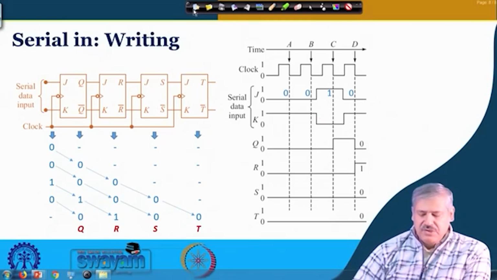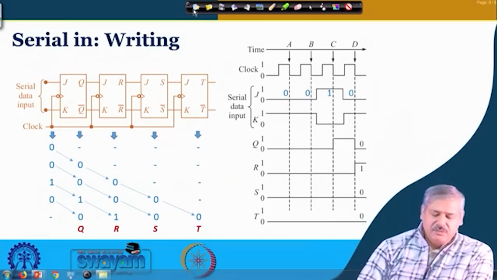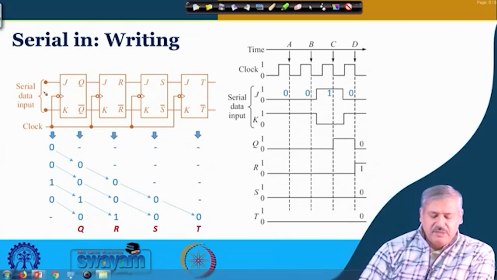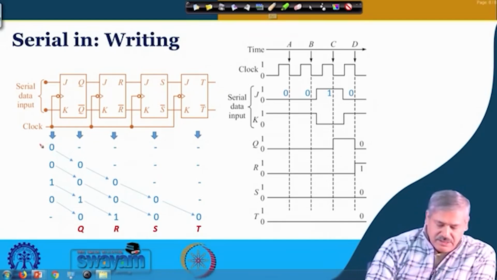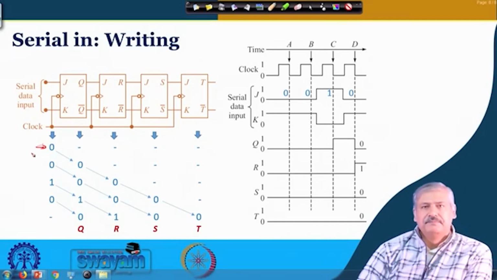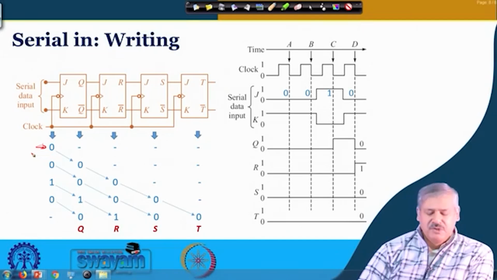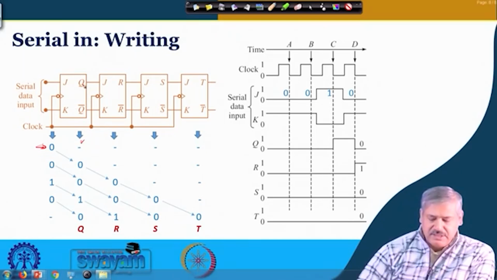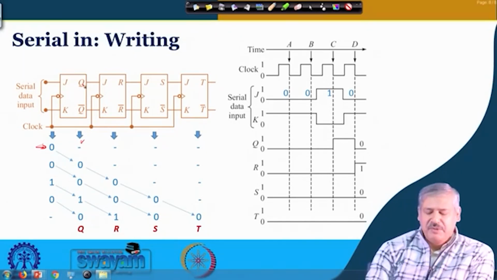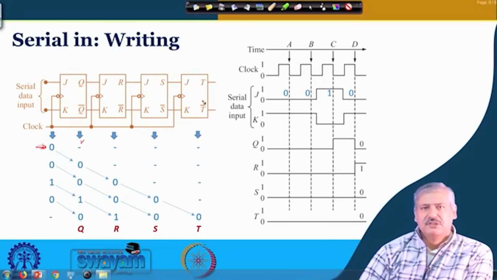Now, whatever is there in the serial data input in the beginning, we consider only the J part of it, K is just an inverted version of J. Let us consider that there is a 0 present here. With one clock trigger, this 0 goes to the flip flop Q. We are naming the flip flops QRST.